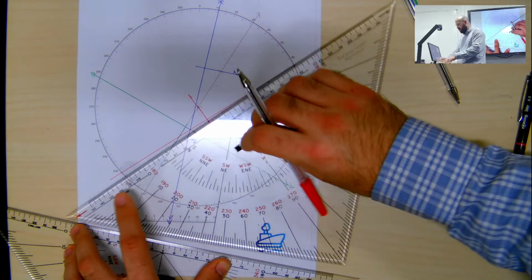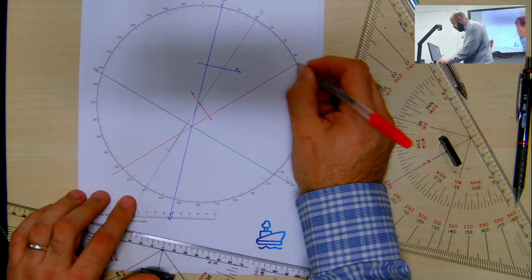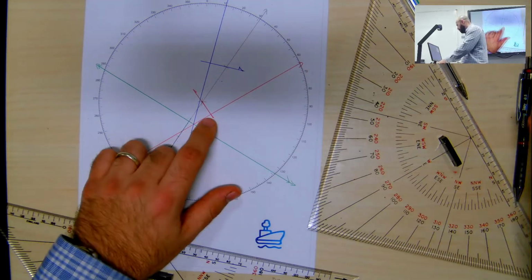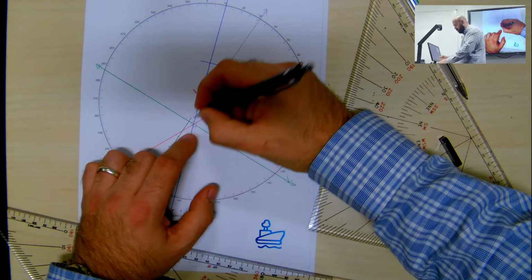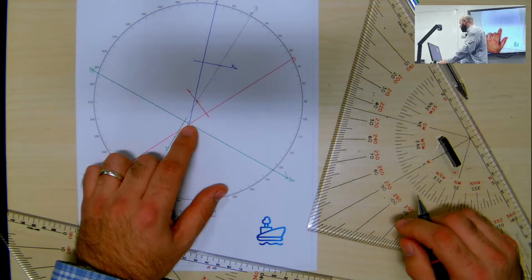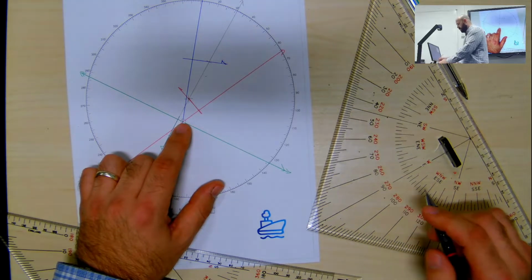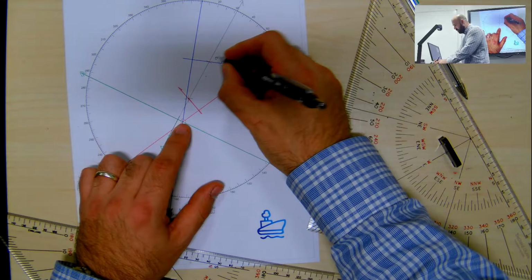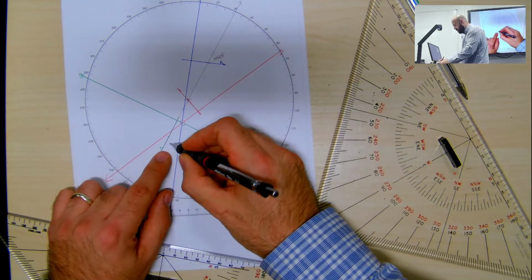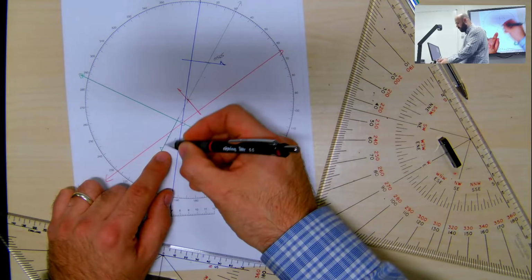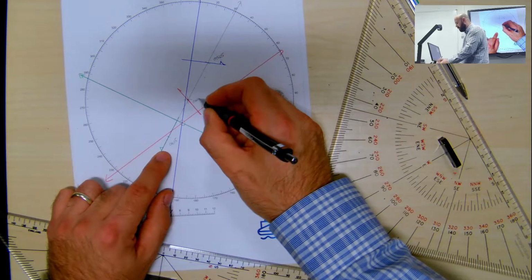Plot your position line in, and they should all hopefully, like so, meet just about here. Where the 3 all meet, that is your observed position. So that is actually your 5:45 site ran up to 6 o'clock. That is your 6:15 site ran back to 6 o'clock. And that's 6 o'clock in the middle.